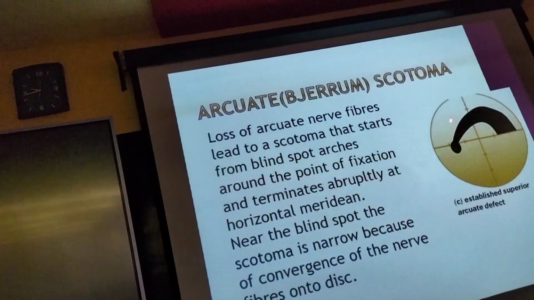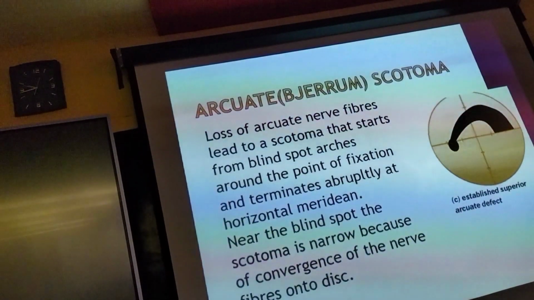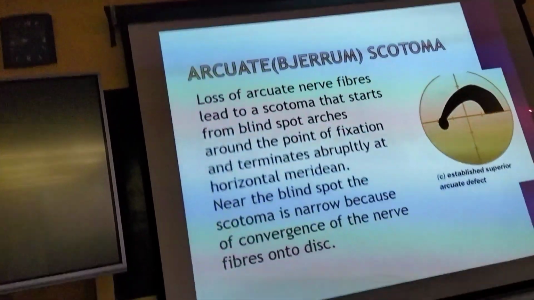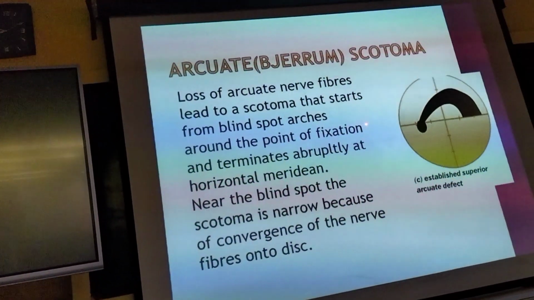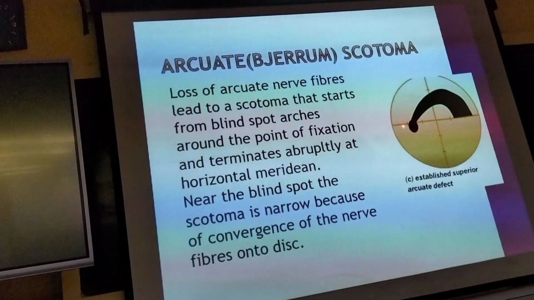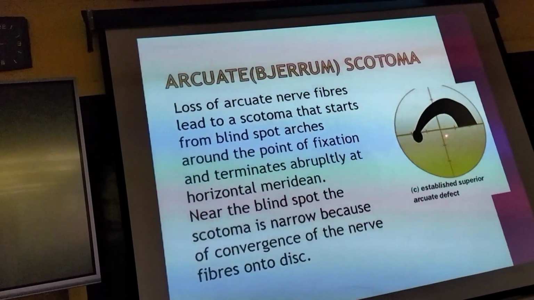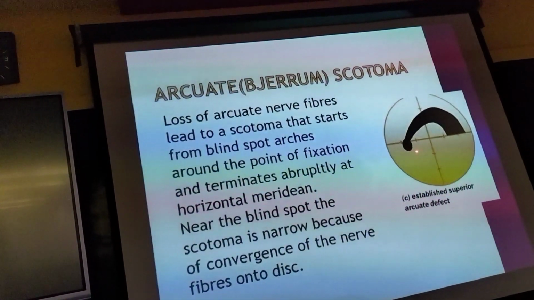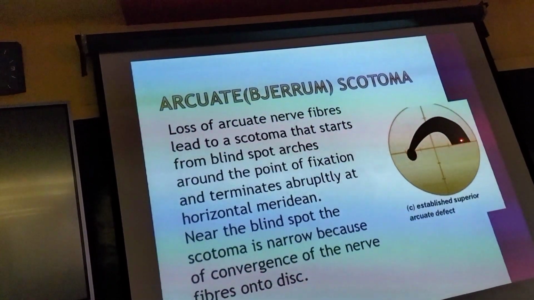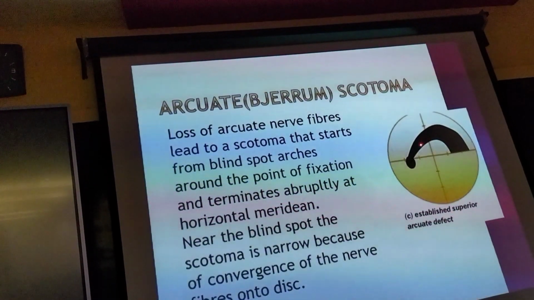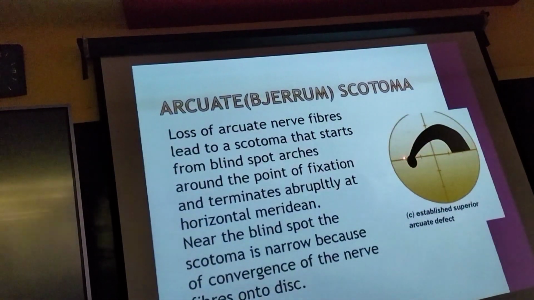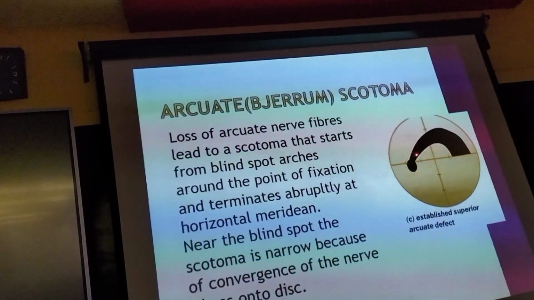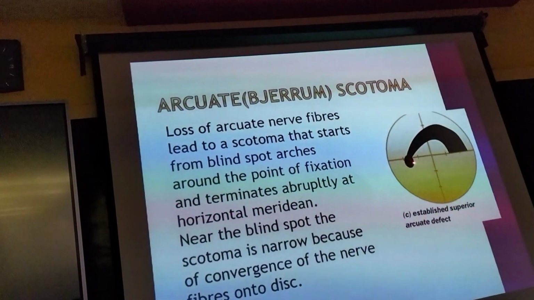This is because the retinal nerve fiber arrangement is such that they converge onto the optic disc, and this physiological blind spot is basically showing you the optic disc area. So the retinal nerve fibers are converging onto the optic disc, which has been shown in this field defect as convergence of this scotoma onto the physiological blind spot.